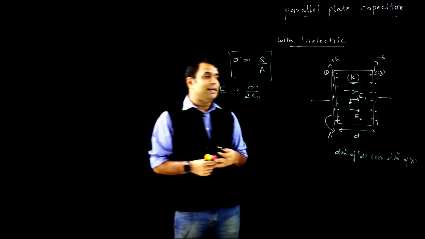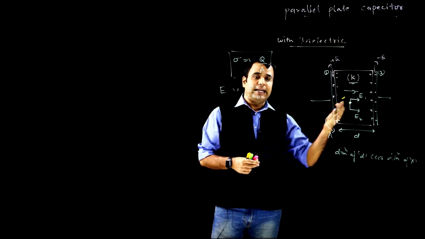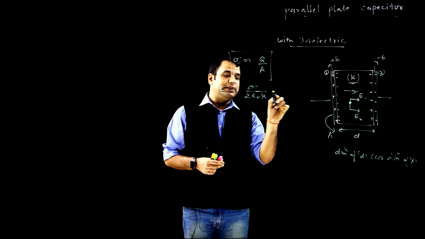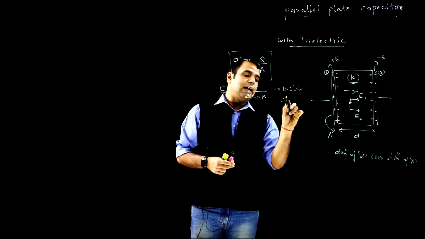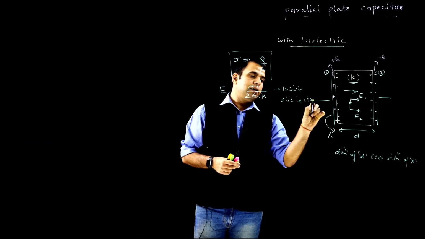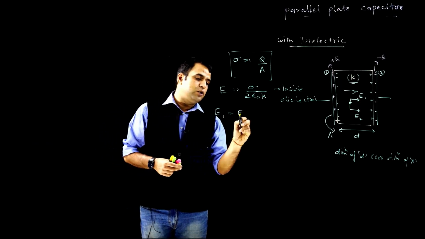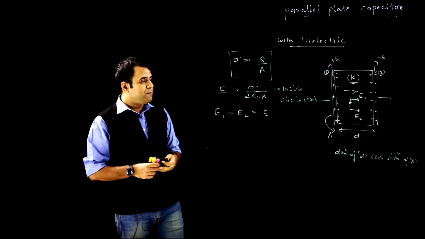This is the formula in case of air or vacuum. Since we are calculating the electric field inside a dielectric, the denominator will be 2 epsilon naught K. So this is inside the dielectric in this case. Now, E1 as well as E2 are the same magnitude because the distance is very small.